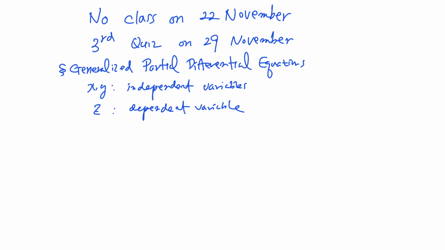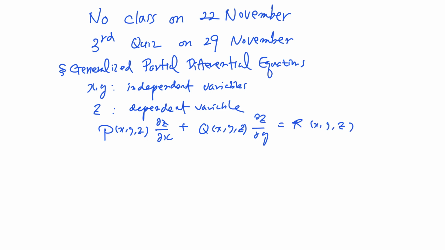So basically we are considering two-dimensional space-time partial differential equations, and maybe it may have one more degree of freedom for the time. So P(x, y, z) partial z over partial x plus Q(x, y, z) partial z over partial y is R(x, y, z). This is the most generalized form for the partial differential equation, the first order. And I told you that it does have a name. It's called Lagrange's equation.